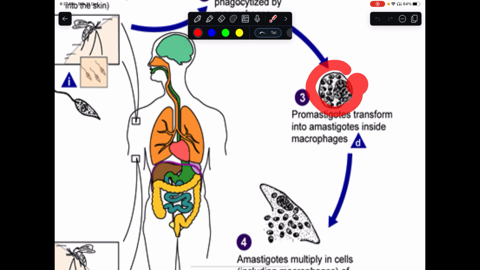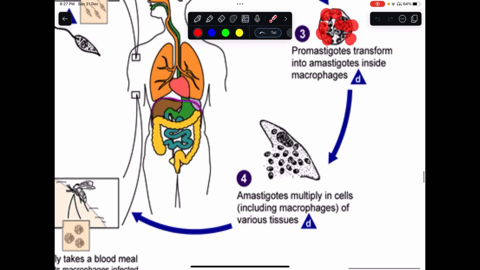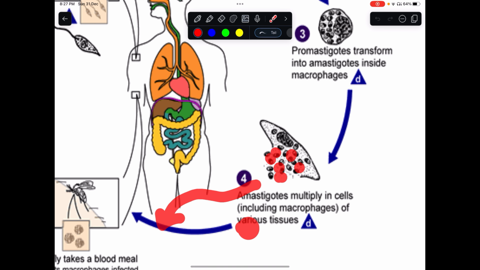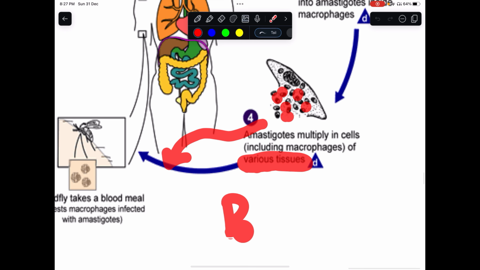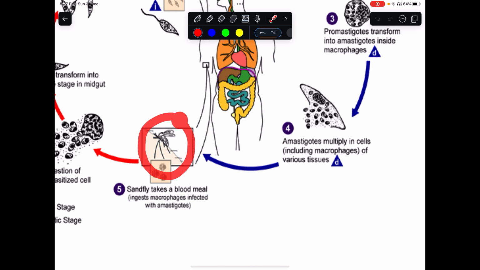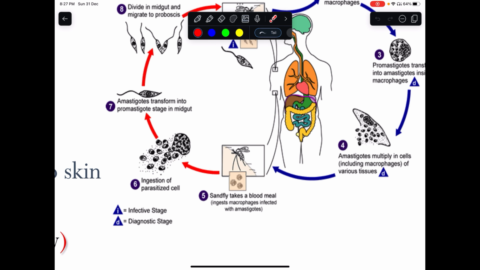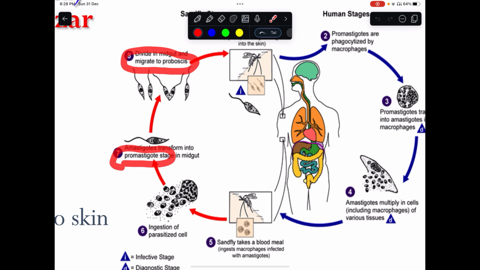But jokes on it, unfortunately, the promastigote needs this, so it transforms into an amastigote, without any flagella, so it can multiply and then burst the macrophages. Then the amastigotes go to various tissues, specifically reticuloendothelial cells. We'll get into it in a bit. Then when another sandfly bites again, it takes the amastigotes, which turn back into promastigotes, multiply again, and the cycle repeats.